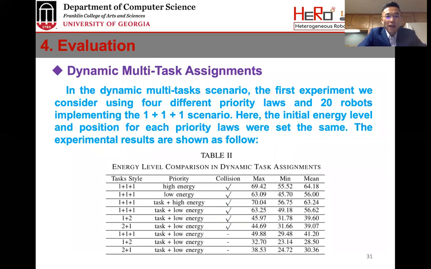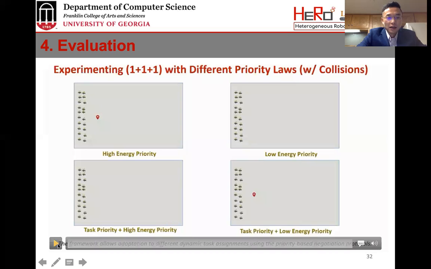So for the dynamic multitask assignment, the first experiment that we consider used different priorities and 20 robots implementing the 1+1+1 scenario.